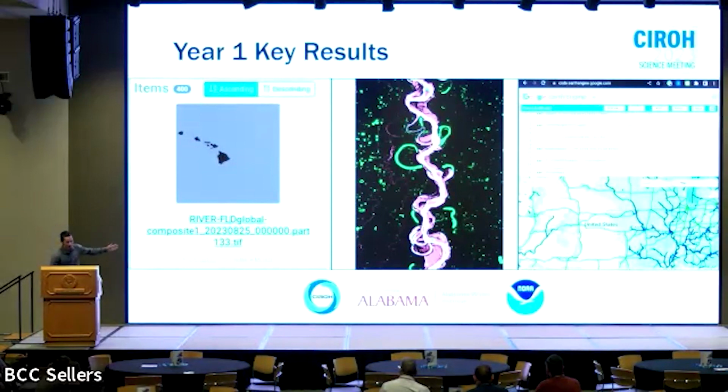This summer, I worked with a CIROH RAU student to develop a method to highlight discrepancies between NOAA's HAND inundation extents and remotely sensed flood maps. So here, this is comparing a rapid SAR flood map to an inundation extent computed using the HAND relative elevation model.